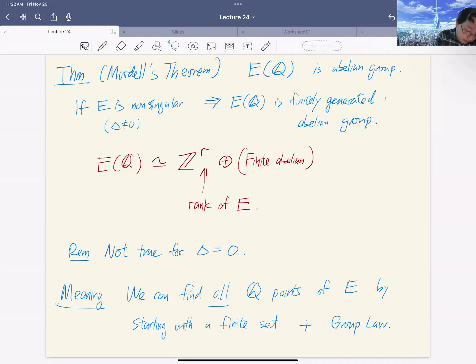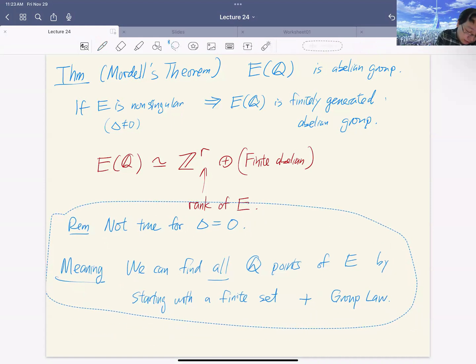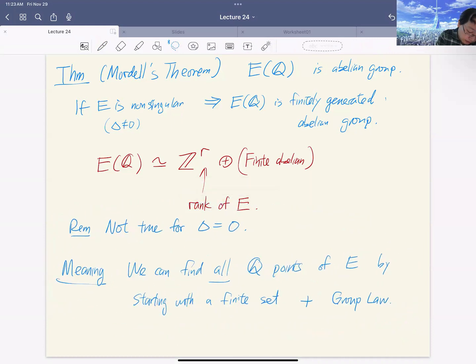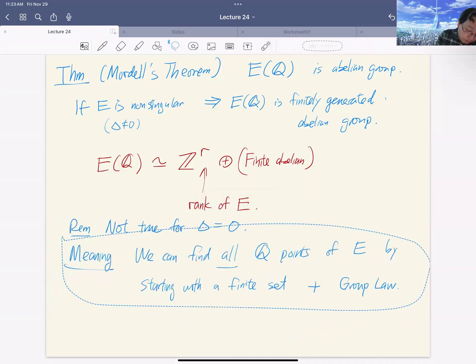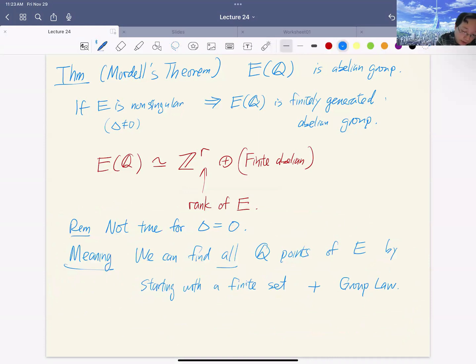So this is the main important thing. Elliptic curves have a very nice group law, and a very nice set of generators. Unfortunately, it is still an open problem how to find r and the generators. In general, there is no known efficient algorithm to find r and the generators.